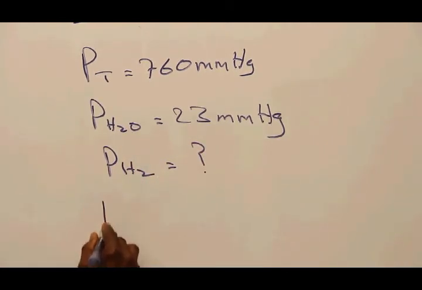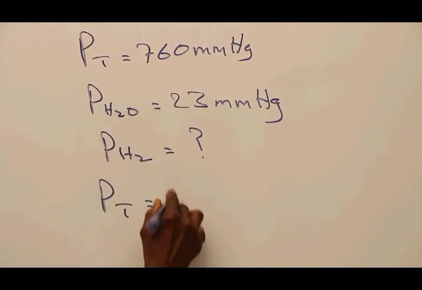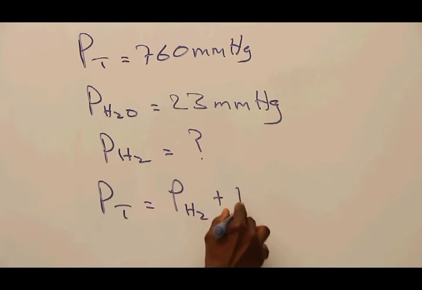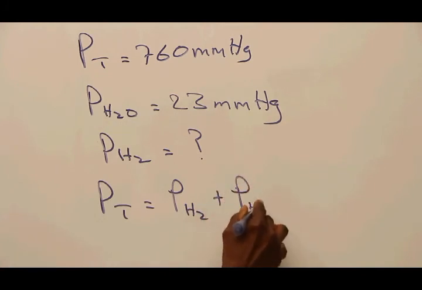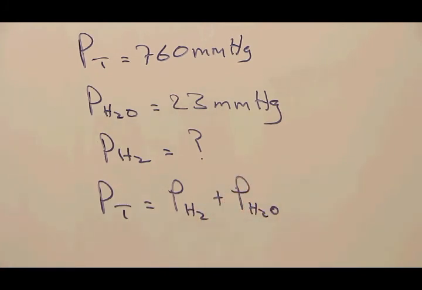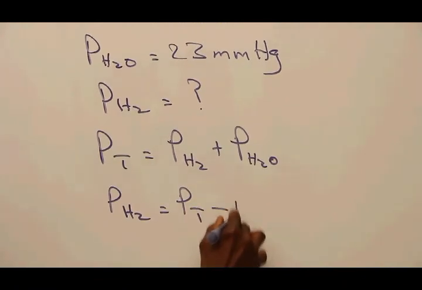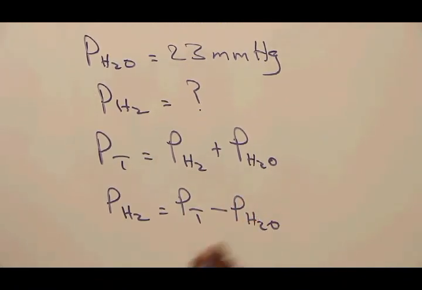And so the total pressure is the pressure of hydrogen when it is dry plus the pressure of water vapor. Making the pressure of hydrogen the subject of the formula, the pressure of hydrogen is now the total pressure minus the pressure of water vapor.